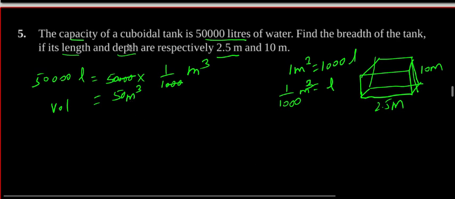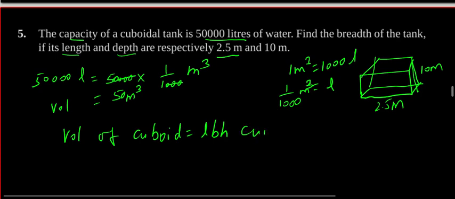Now we will substitute in the formula for the volume of the cuboid. What is the volume of the cuboid? It is LBH cubic unit. So what is the volume we got now? It is 50 meter cube. What is given here?